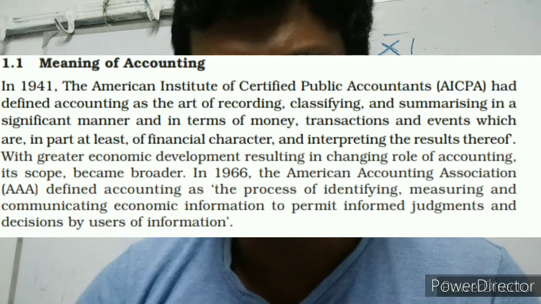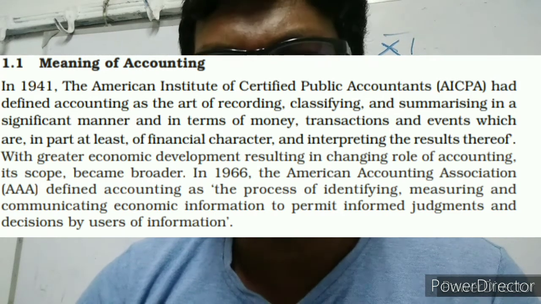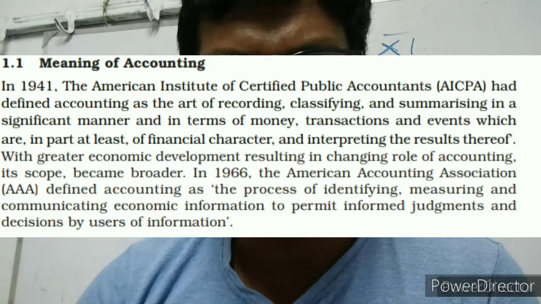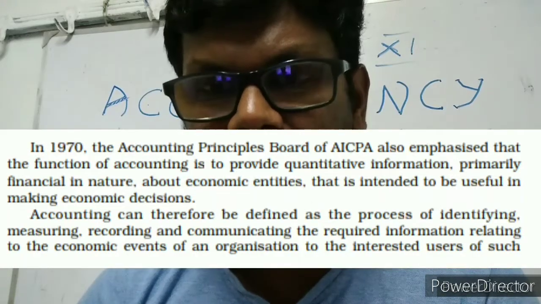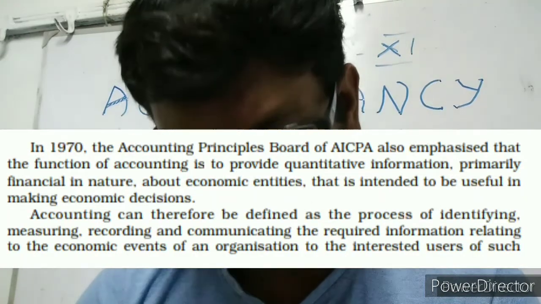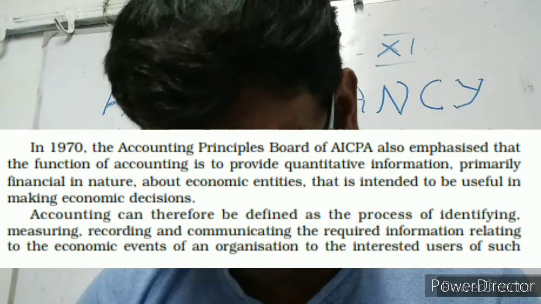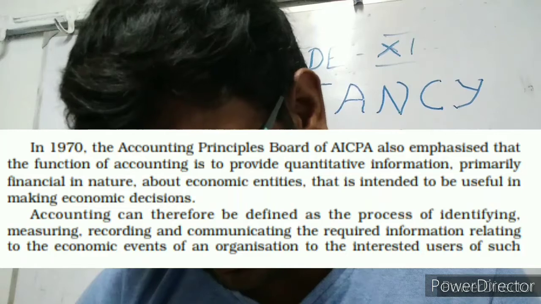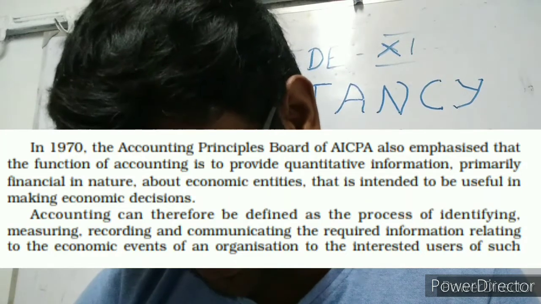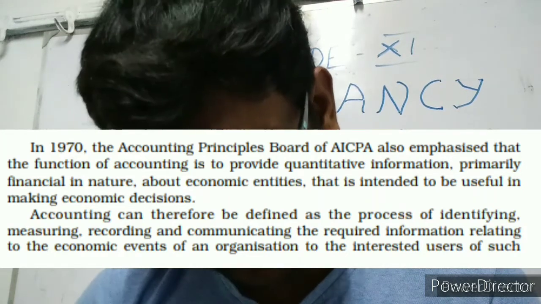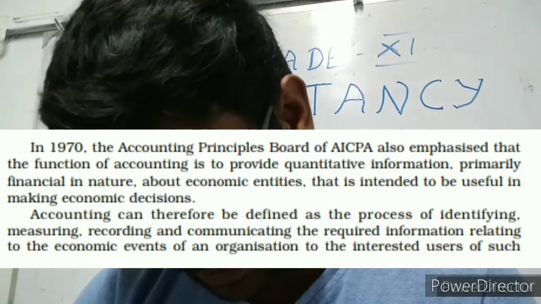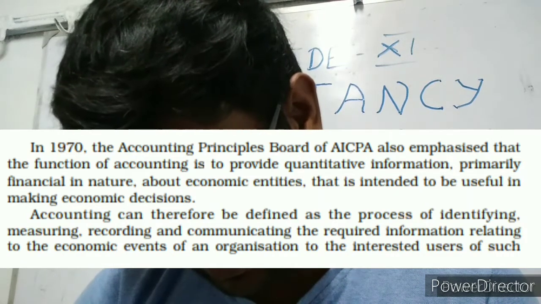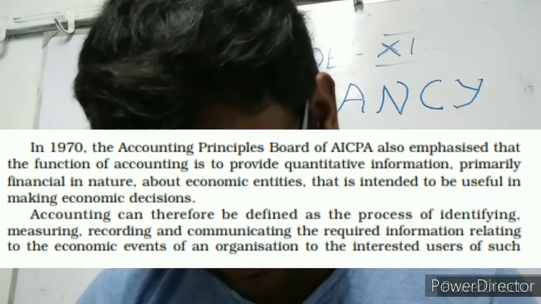So now you know what accounting is, who gave the accounting definitions, and in which years they were given. After that, in the year 1970, the Accounting Principles Board of the AICPA also emphasized that the function of accounting is to provide quantitative information, primarily financial in nature.